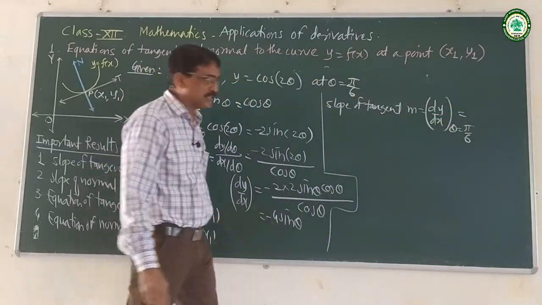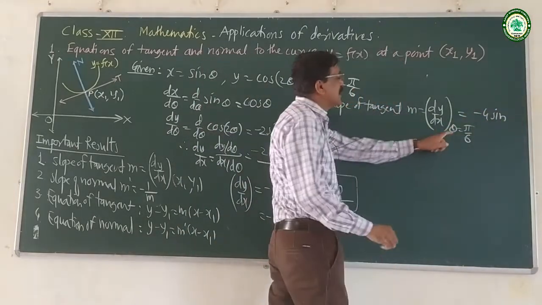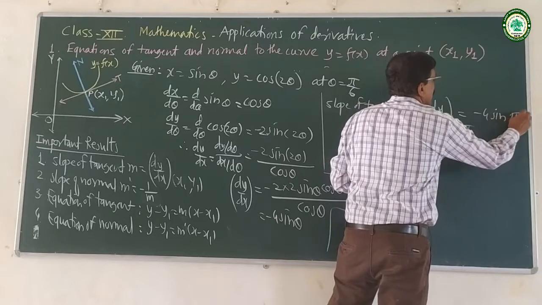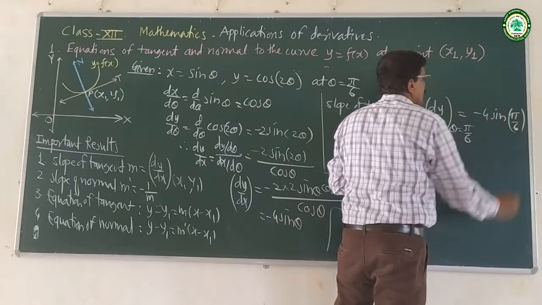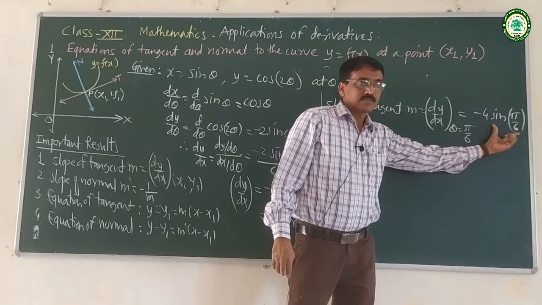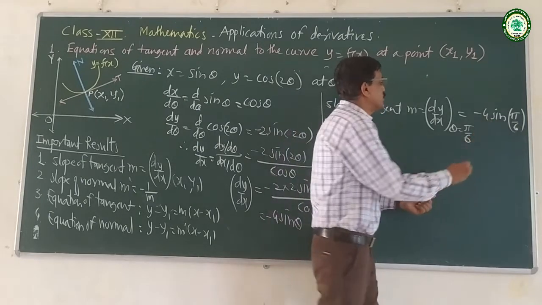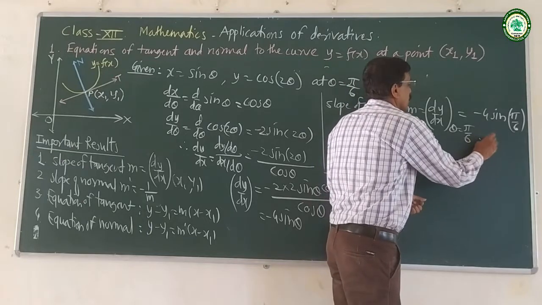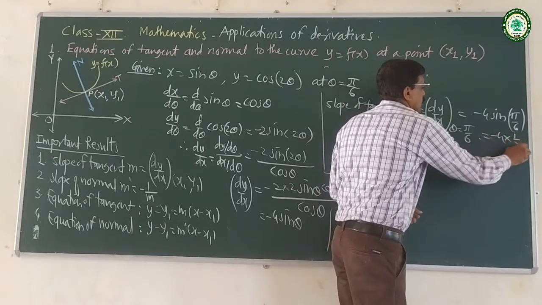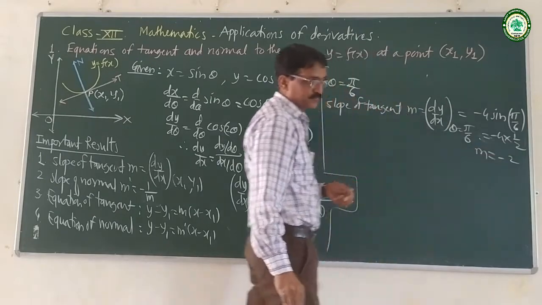Minus 4 sine theta. Replace theta by pi by 6. Sine pi by 6, sine 30, it is 1 upon 2. So minus 4 into 1 upon 2 is minus 2. So m is equal to minus 2.